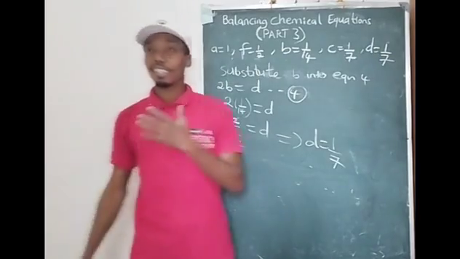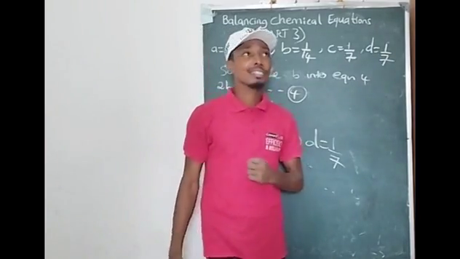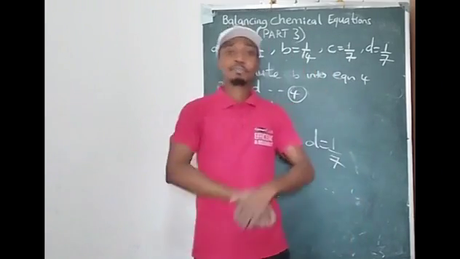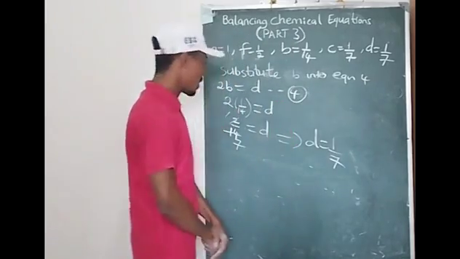All right. The equation remaining is equation 2. And the variable remaining is E. Let's find that.